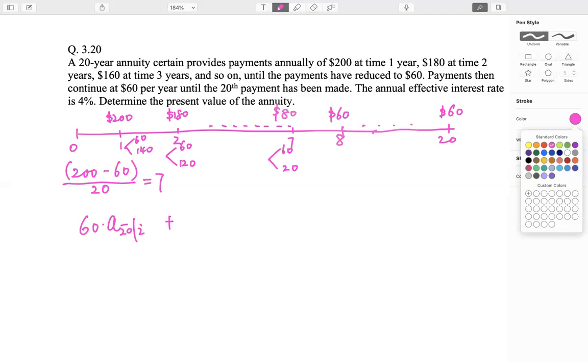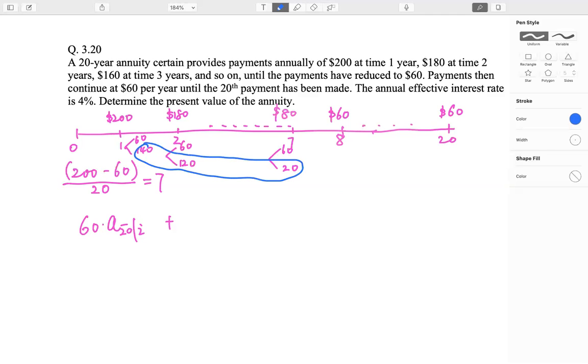Now let's deal with the decreasing part. So let's use blue. So it's decreasing annuity immediate for 7 years. Okay, that's why the last payment, if I factor out 20, it's 7, 6, all the way to 1.